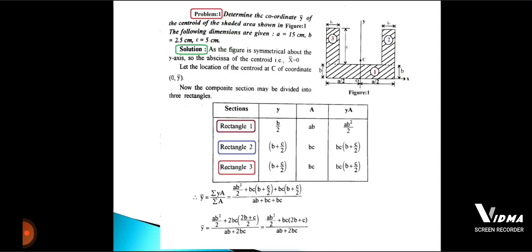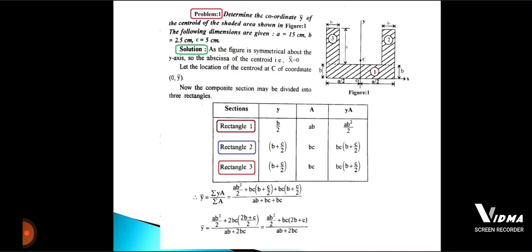Now the total composite section is divided into 3 segments, that is 3 rectangles: rectangle 1, rectangle 2 as well as rectangle 3. For rectangle 1, the position of its centroid is b by 2, its area is ab, and its moment of area, ya, is the product of y and a, that is ab square by 2.